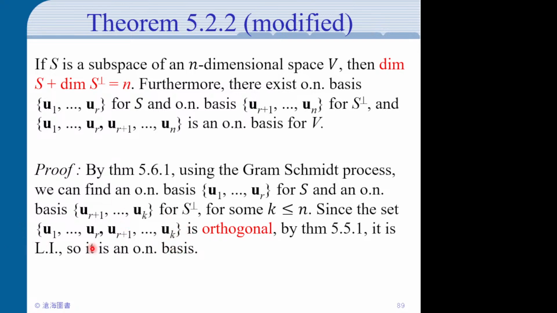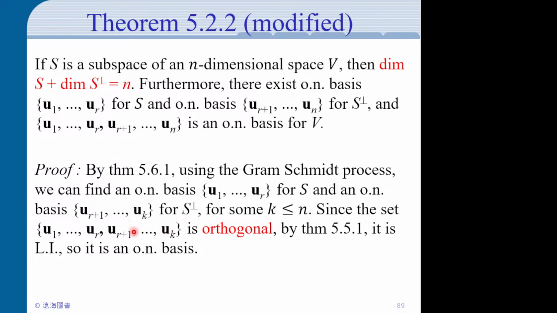And this is where we use that S perpendicular is actually perpendicular to S. This set is orthogonal because, within each part, by construction they are orthogonal to each other. And between the first part and the second part, because everything in S and S perpendicular are orthogonal, obviously those pairs are also orthogonal.